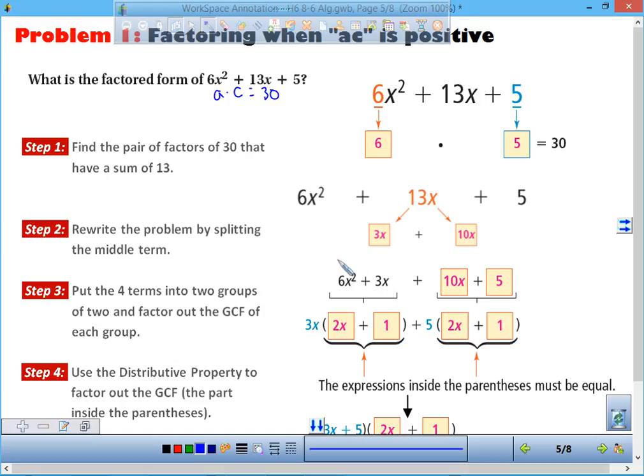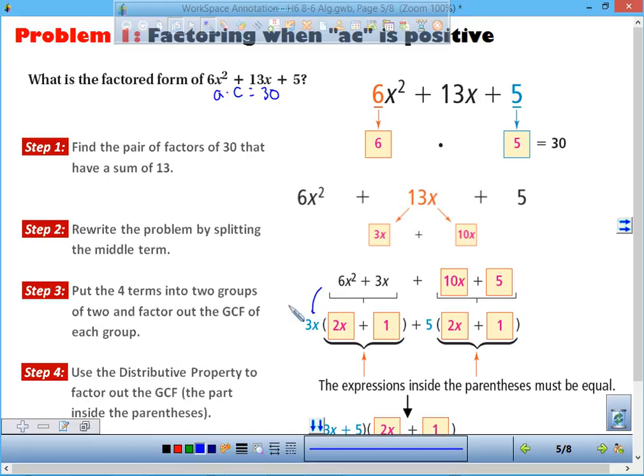In the first two terms, that's my first group, and the last two terms, that's my second group. In the first group, find the GCF of just those two terms. So GCF of 6 and 3 would be 3, and then GCF of x squared and x would be x. So I'm going to take out the 3x.